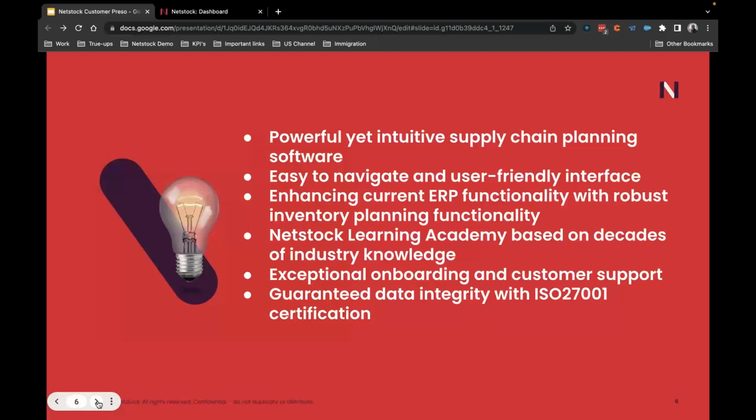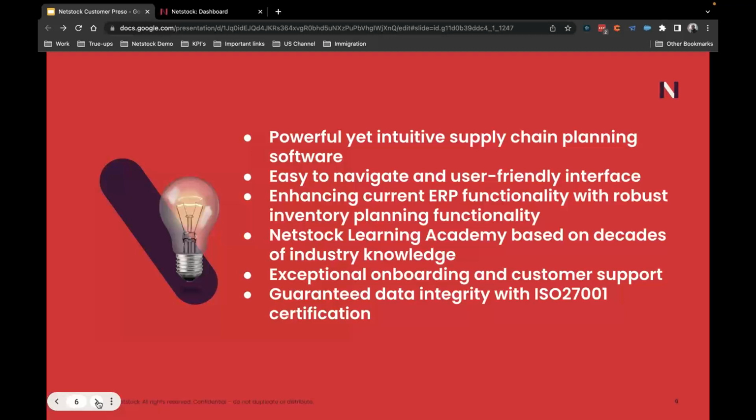Enhancing current ERP functionality, because we have integration with Sage ERPs, it's very quick and easy for us to pull that information and start giving you the analytics that you require. The Netstock Learning Academy, which is built into the application, and also learning that we take you through when we go through the onboarding process.